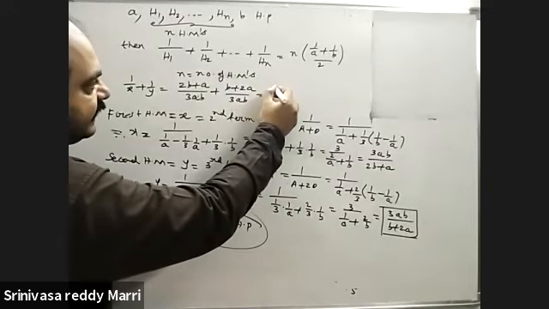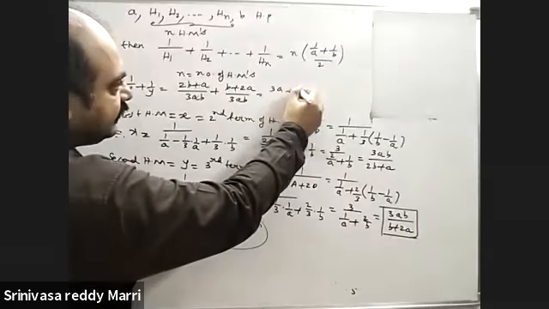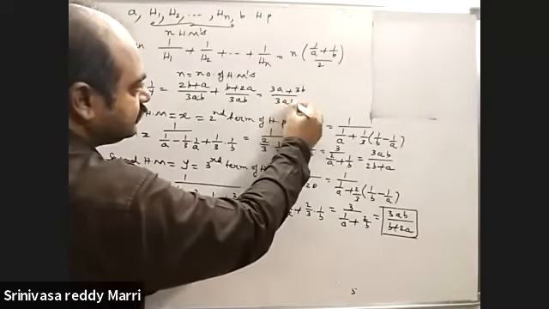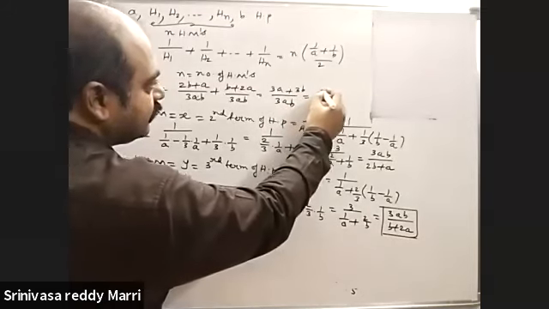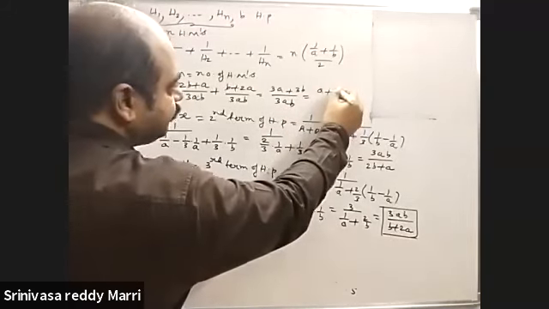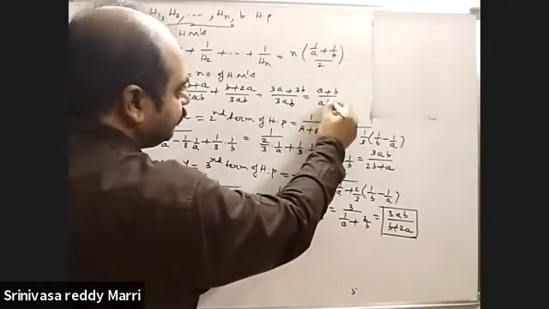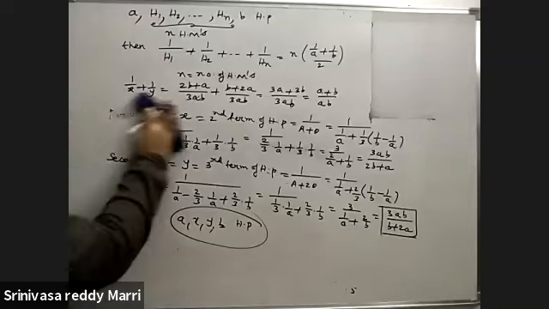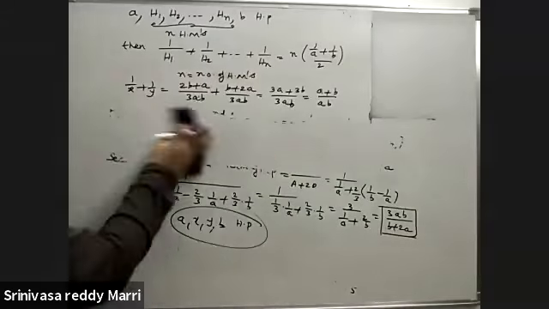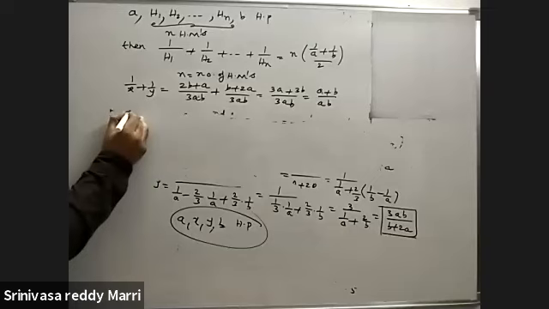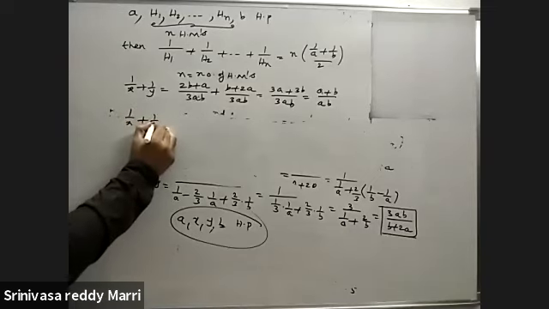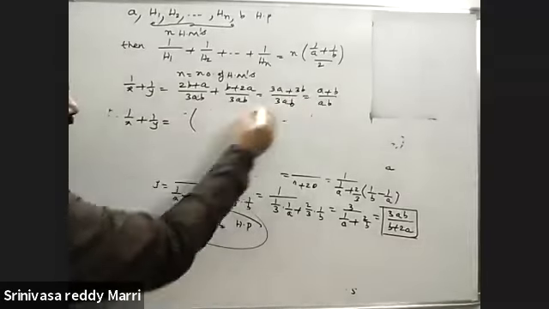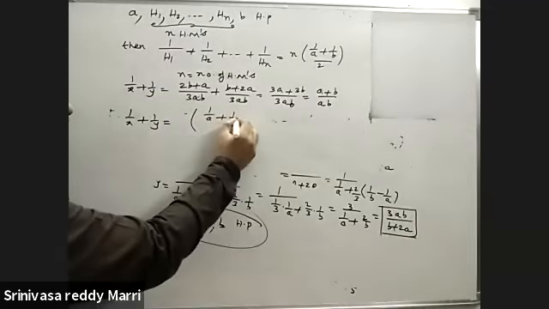Now if you calculate, this is nothing but 3A plus 3B divided by 3AB. Now I can write A plus B divided by AB. That means the sum of their reciprocals, 1 by x plus 1 by y, is nothing but 1 by A plus 1 by B.